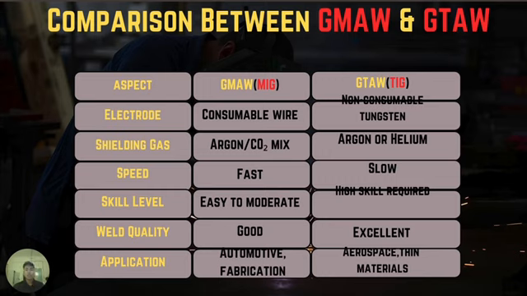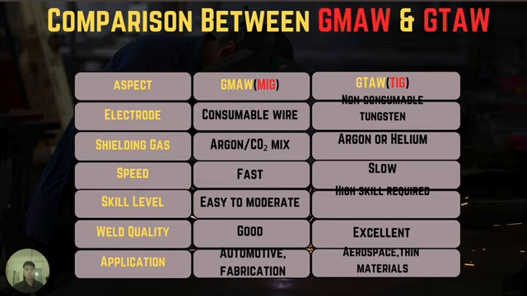Next, we see the comparison between GMAW and GTAW. Here's a quick comparison between both processes. GMAW uses a consumable wire electrode, while GTAW uses a non-consumable tungsten electrode.